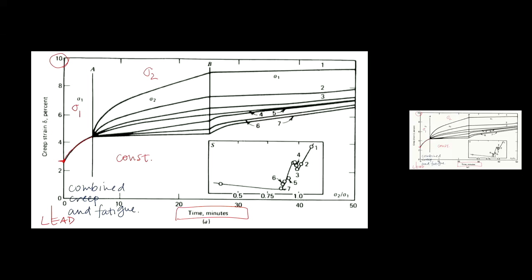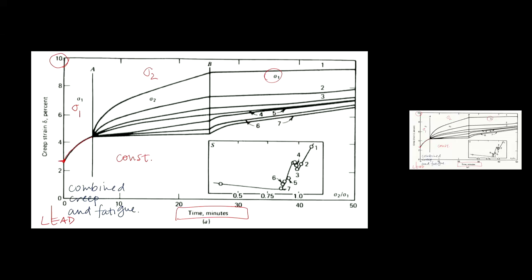This gives us an idea of, okay, if I have changing stress not just one time, but 10,000 times or 3,000 times or whatever, what might I expect to happen? And then after that, I think they go back to sigma 1. So those are the 3 phases after 25 minutes.